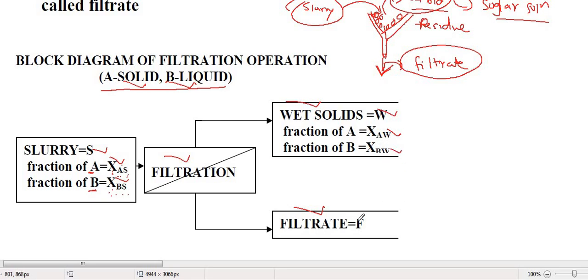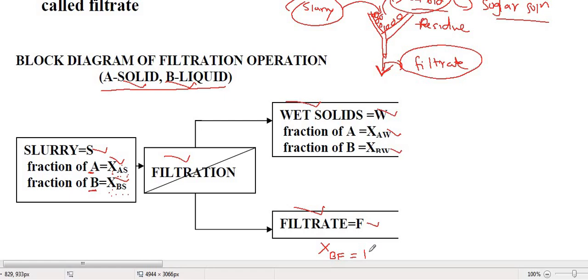Now coming to this filtrate F. Filtrate is given by symbol F, and here there is only liquid, and therefore you can write XBF. That means fraction of liquid in filtrate will be 1. You can consider it is 1 because it is considered 100% pure.